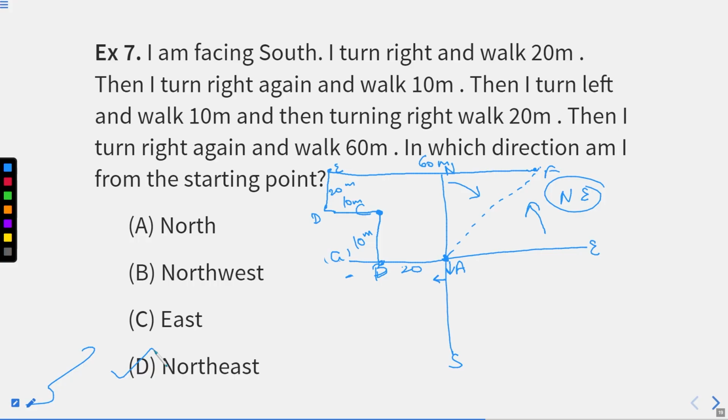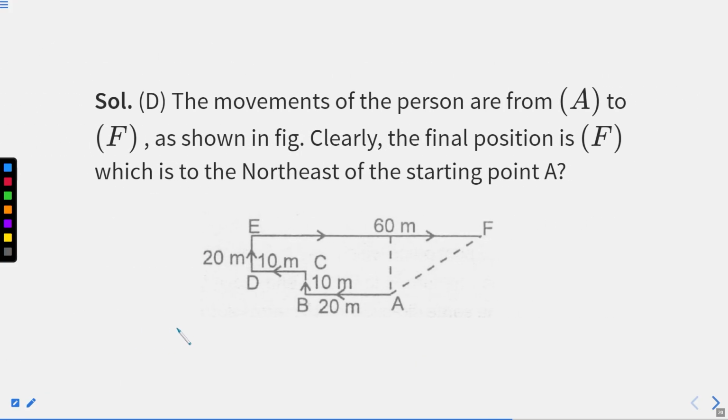I hope you got this question as well. We have already done these kinds of questions, right? Now you can see the diagram. From point A we move 20 meters to B, to C 10 meters, 10 meters to D, then 20 meters to E, and then from E to F we move 60 meters.